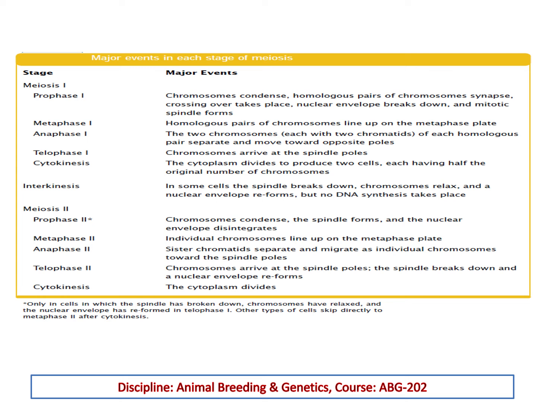In telophase 1, chromosomes arrive at the spindle poles, and then cytokinesis, the division of the cytoplasm, and there are two cells having half the number of chromosomes. Now interkinesis: in some cells the spindle breaks down, chromosomes relax, and a nuclear envelope reforms, but no DNA synthesis takes place. Meiosis 2 I have already explained, and that is just the duplication of mitosis.